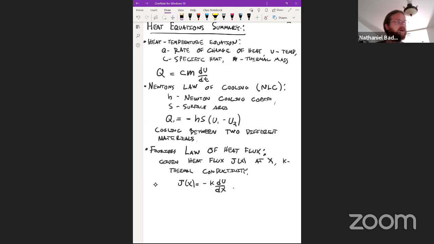So far we've basically been talking about conduction, but there are other types of heat transfer to be aware of.